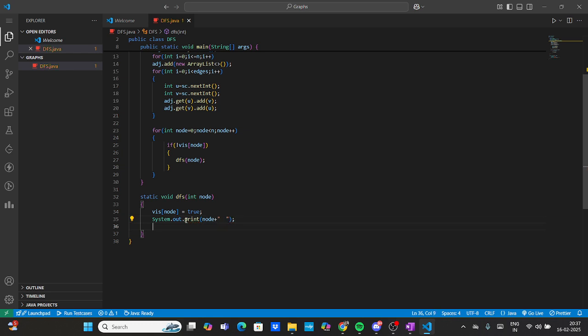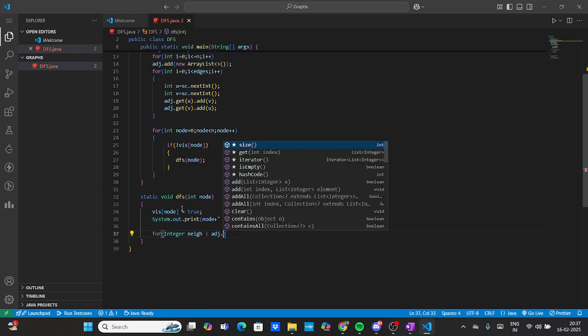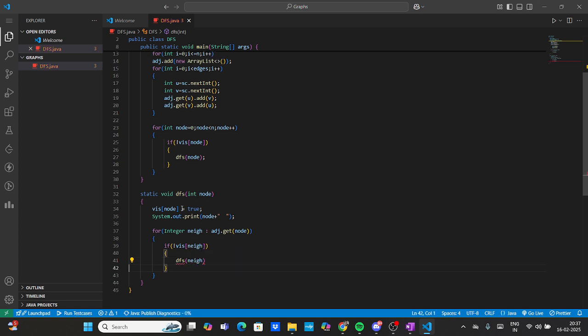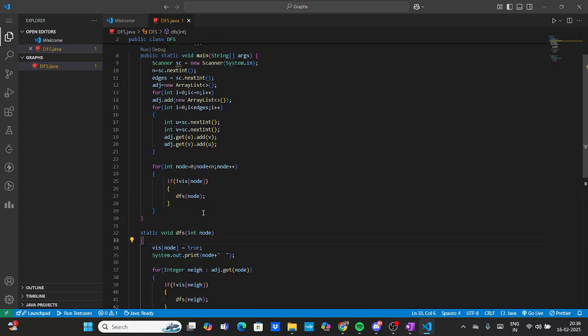Then once we have visited this node, we will explore all the other edges, the neighbors, same as tree. If your neighbor is not visited, please go ahead and do a DFS so that you will visit your neighbor also. Clear? Straightforward, same as tree. Nothing fancy.